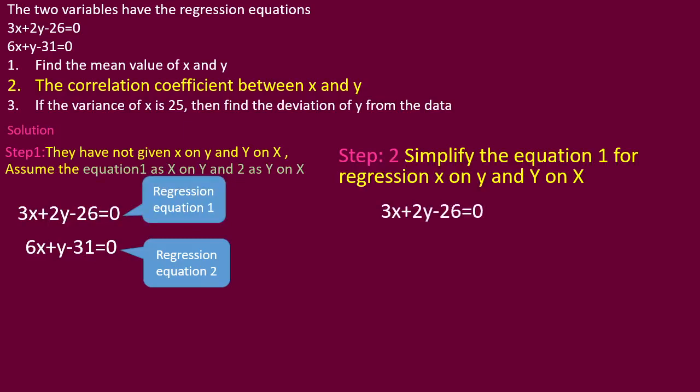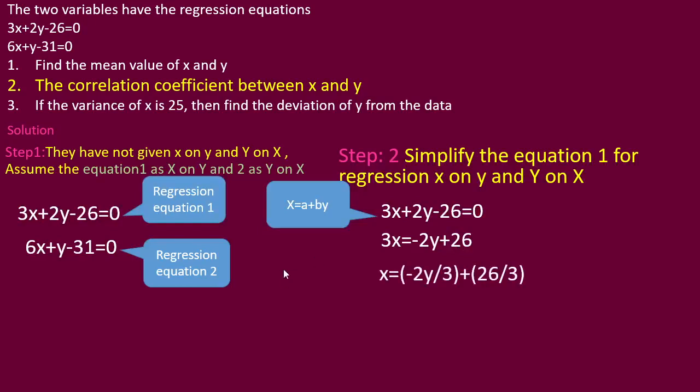So here I'll consider the first equation 3x plus 2y minus 26 equals 0. We know that the standard format is x equals a plus by. I need to convert this equation into this format. So I'll simplify this equation here. 3x equals, plus 2y will become minus 2y and minus 26 will become plus 26.